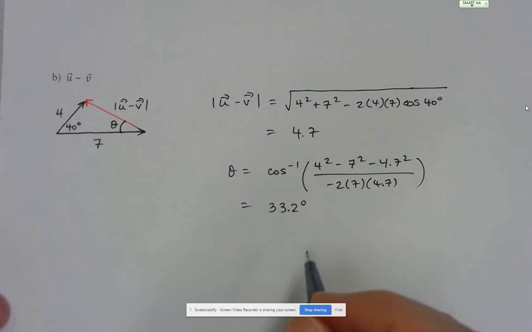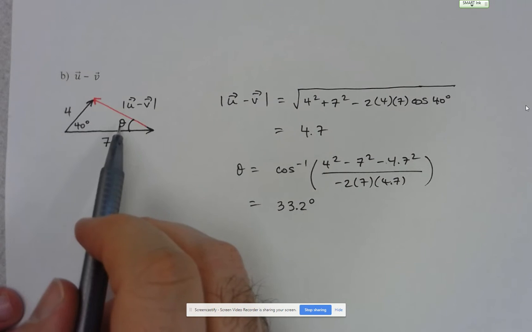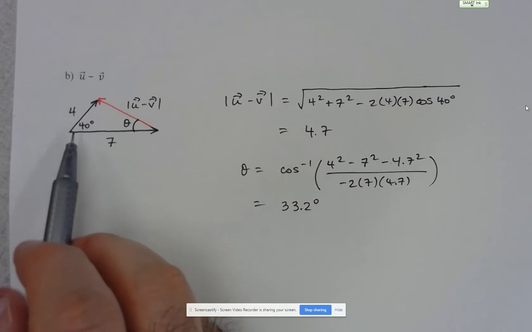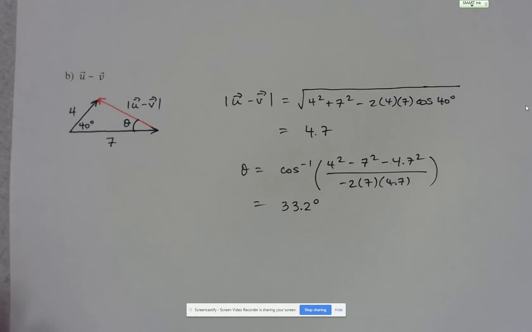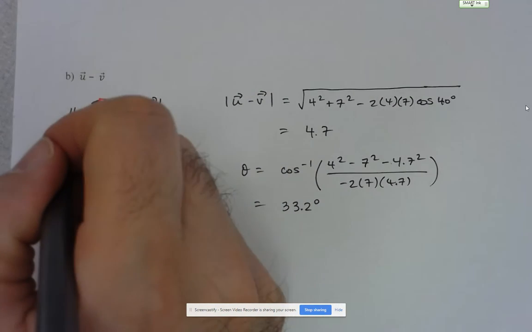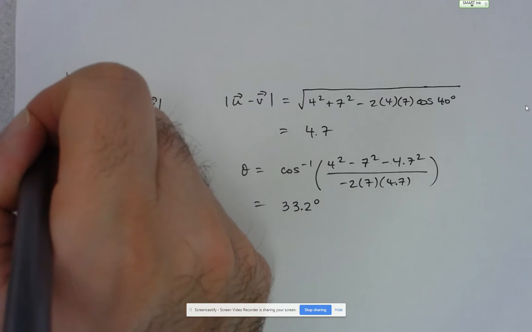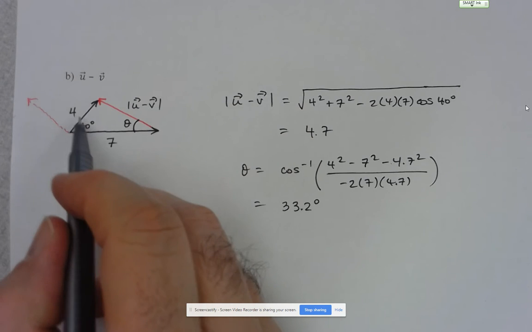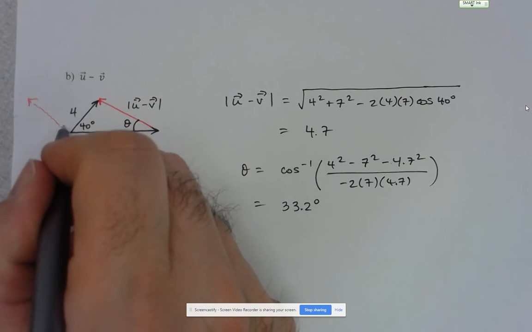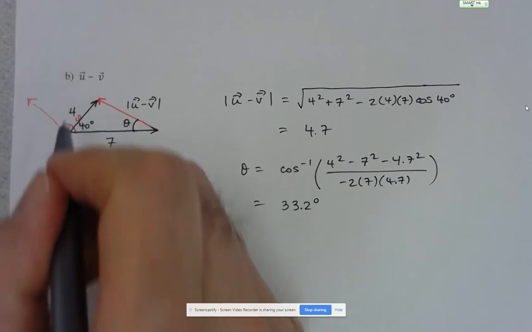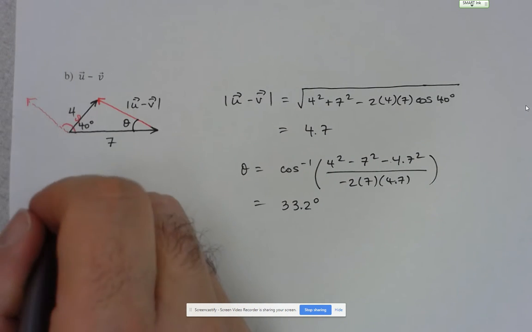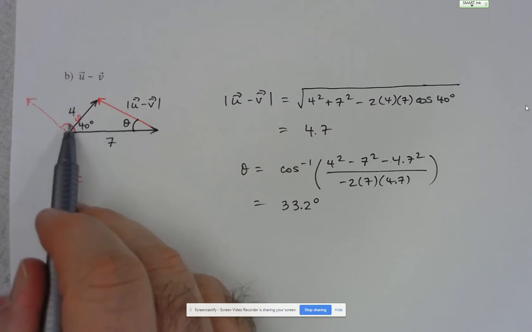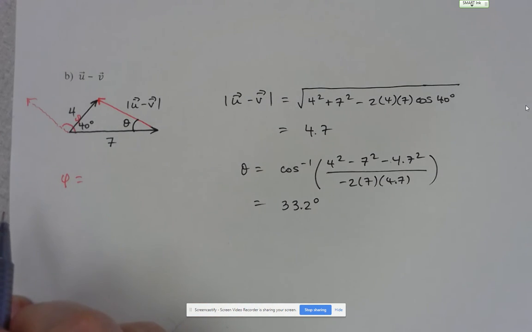33.2 degrees. But if I want to describe this relative to one of the other vectors, remember, angles are always given when they're placed tail to tail. So I'm going to take this vector here and place it at the tail of both vector U and V, but it's going to be easier to describe it from vector V. What I'm going to call phi here is just the supplementary angle to that angle theta that I just found.